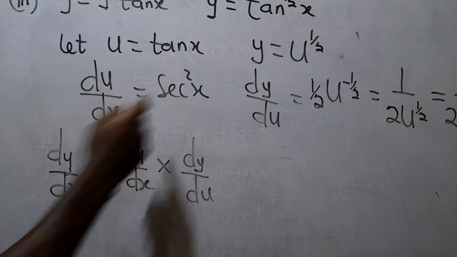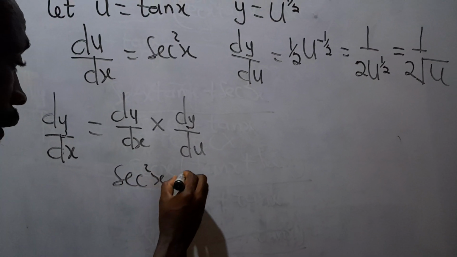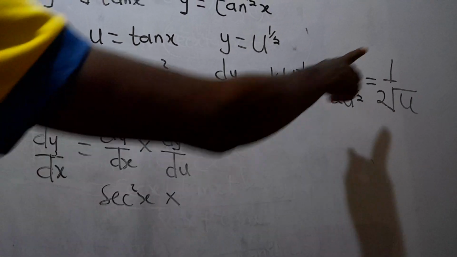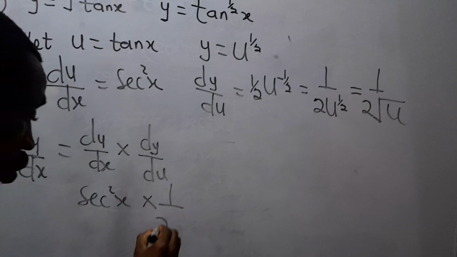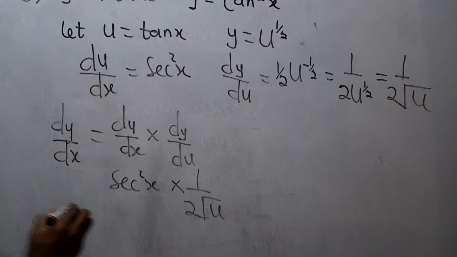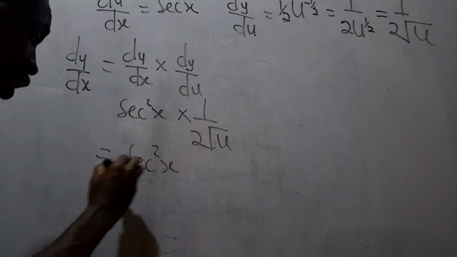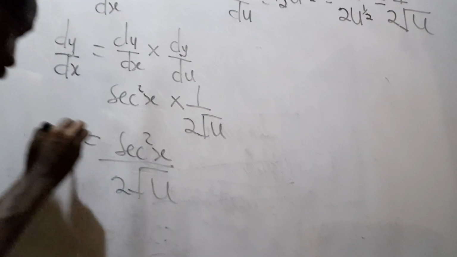What's our du over dx? That's sec square x. So sec square x times our dy over du is 1 over 2 the square root of u. So 1 over 2 the square root of u. When we polish this further, we get sec square x all over 2 the square root of u.